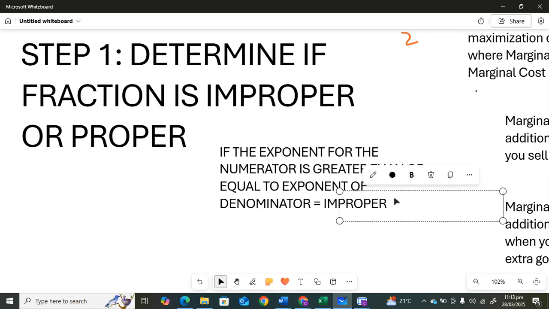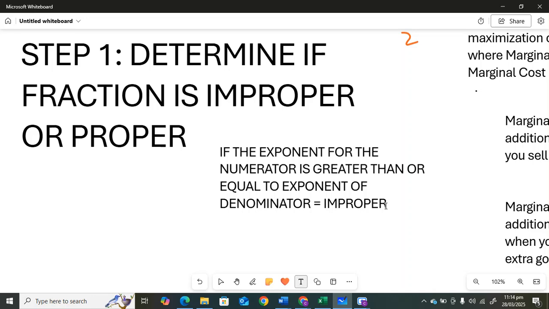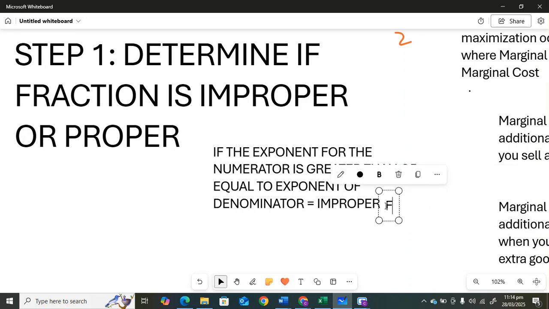And you need to do long division, division of polynomials. But if the exponent for the numerator is less than the exponent for the denominator, then you have a proper fraction. Let me type that. Sorry. So write this down.